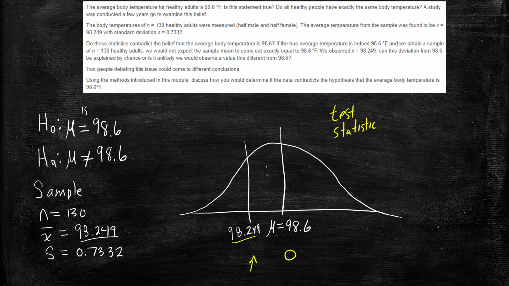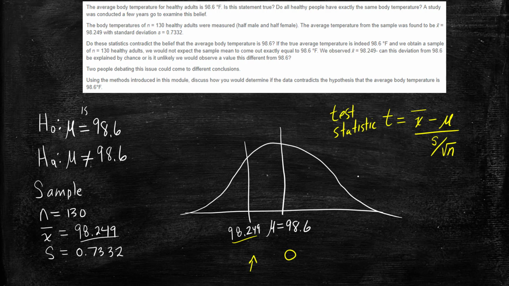And in this case, we only know the sample standard deviation, so my test statistic is going to be a t. Remember, all of these, you take the sample minus the population, and then over the standard error, which in this case is the sample standard deviation divided by the square root of n.